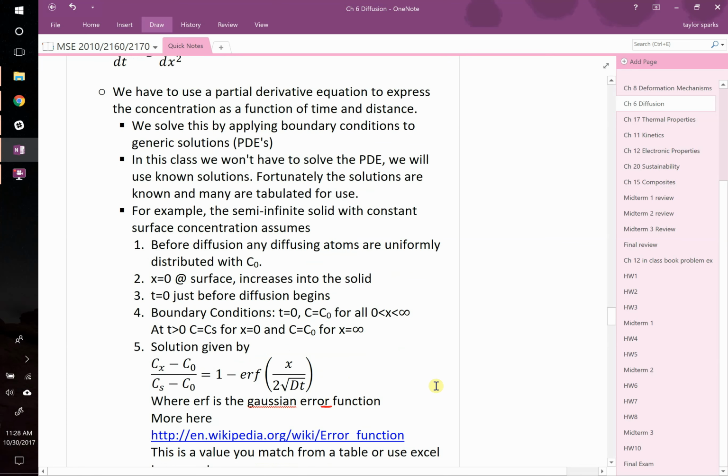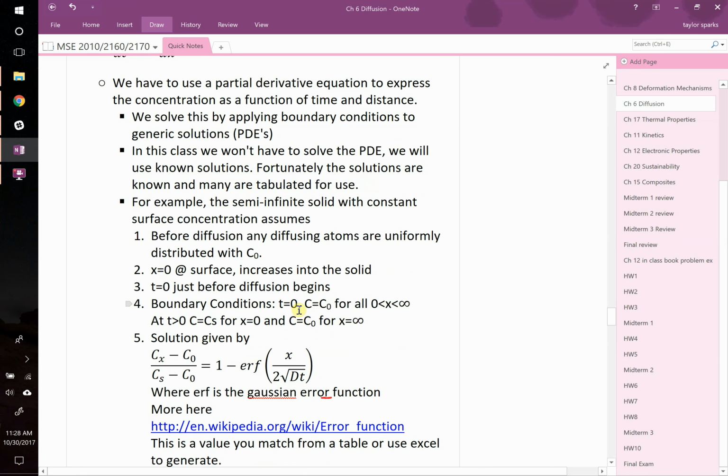And then your boundary conditions are, okay, at time t equals 0, the concentration equals the initial concentration for all points in the material. And for all times greater than 0, the concentration is held at some surface concentration at the surface, x equals 0, and it stays at its initial concentration deep within the material, right? Those are your assumptions you're making here.